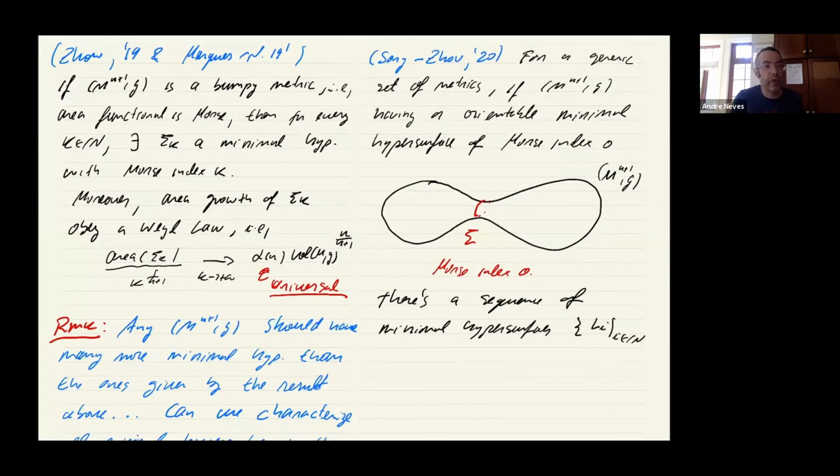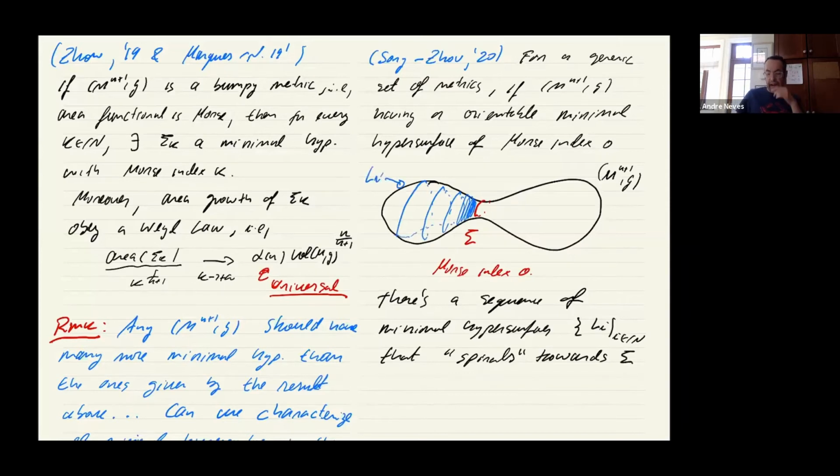You can see the exact statement in their paper; I'll just describe it heuristically. It spirals towards sigma. I'll draw a picture. So the picture of Li will be something like this. If it were a geodesic, we can imagine a closed geodesic that spirals towards sigma, but becomes closed. So this would be the Li.